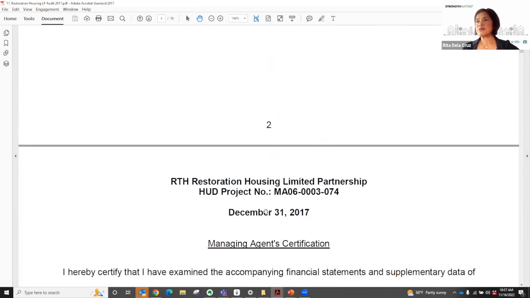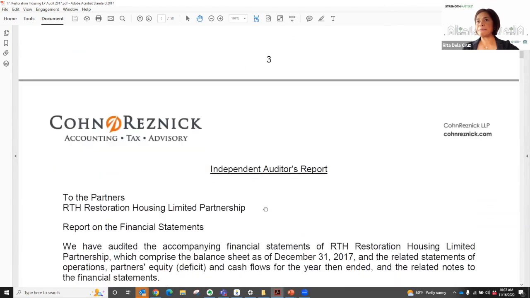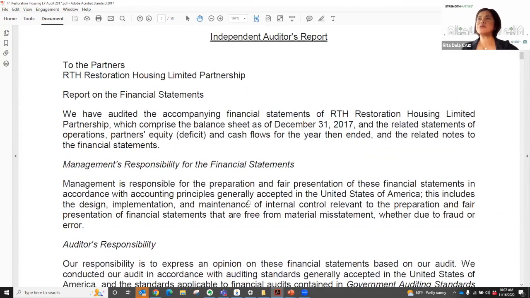So let's start with the balance sheet. Oh, I do want to mention, since I'm here on the Independent Auditor's Report, that this report will change. For those of you nonprofit organizations with a June 30 year end, you must have seen a different auditor's report.